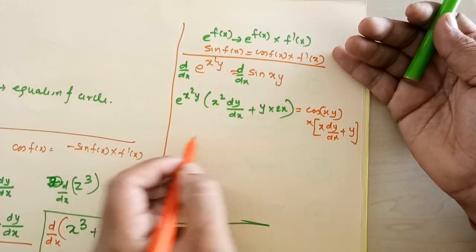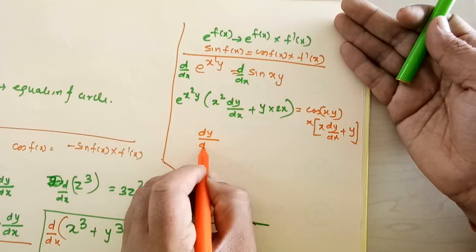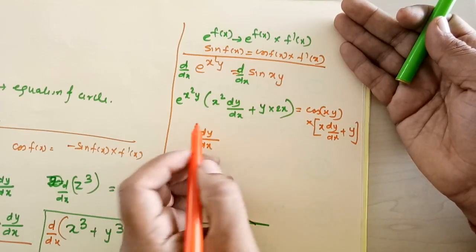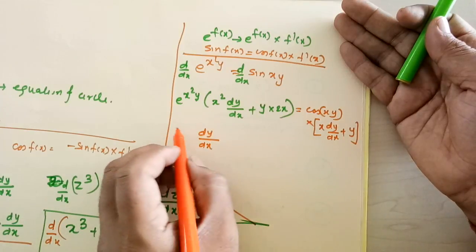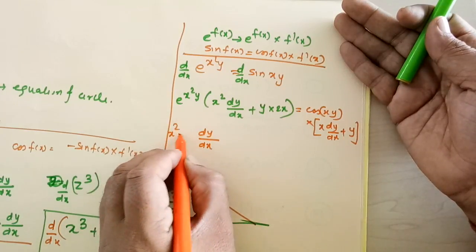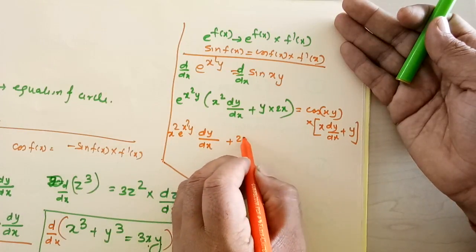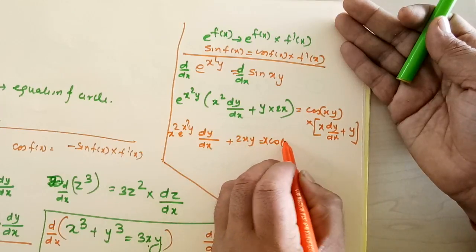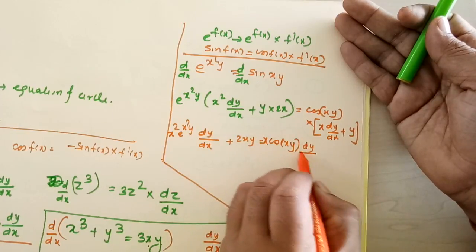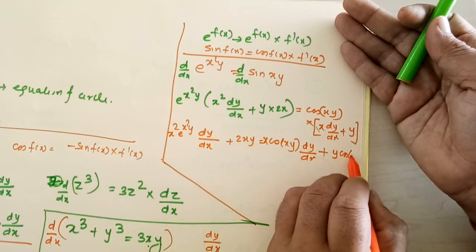Now you open up the bracket and collect the dy by dx terms together. If you were doing it in a single step, you can't do it clearly, so you have to open up the bracket. So it's going to be x squared e to the power x squared y dy by dx plus 2xy e to the power x squared y equals x cos xy dy by dx, I'm opening the other bracket, plus y cos xy.